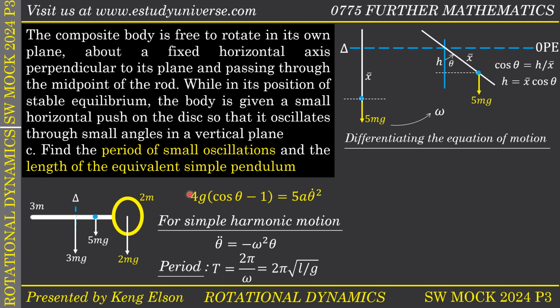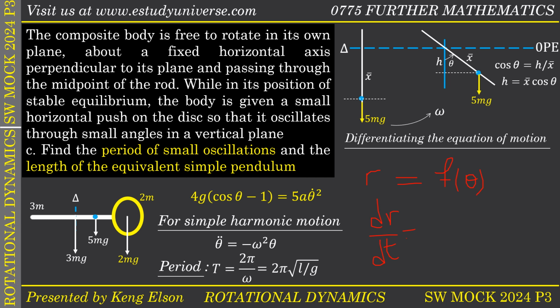When you're differentiating something that is not in terms of time, we need to add something else to it that will balance up, because this is in terms of theta. For a little explanation, if we have r equal to a function of theta, let me say f of theta, and then I ask you to find dr by dt, you cannot just differentiate and have f prime of theta.